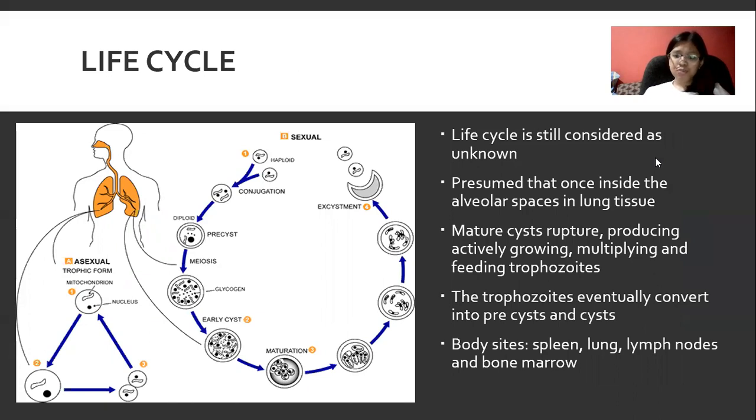So, it is presumed that once inside the alveolar spaces in the lung tissue, the mature cyst rupture, producing actively growing, multiplying, and feeding trophozoites. Then, these trophozoites eventually convert into precyst and cyst, and it can be found in multiple body sites, including the spleen, the lung, the lymph nodes, and the bone marrow.